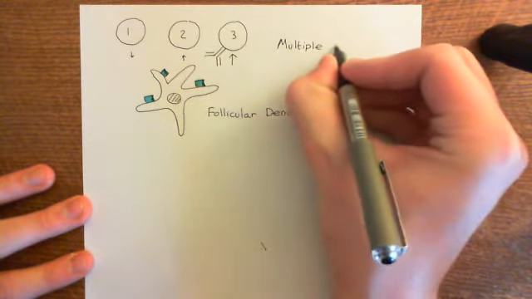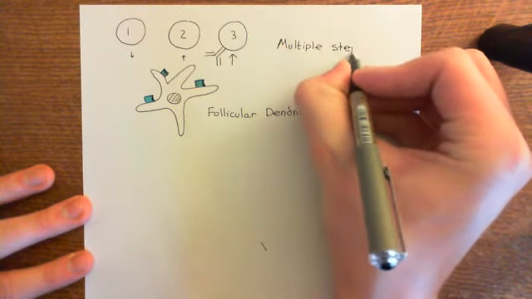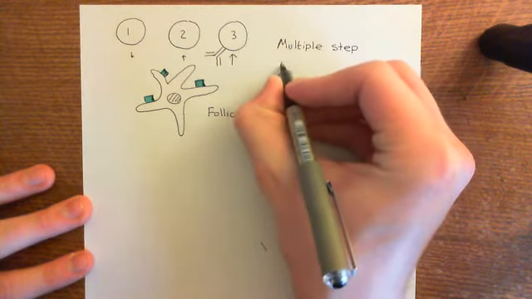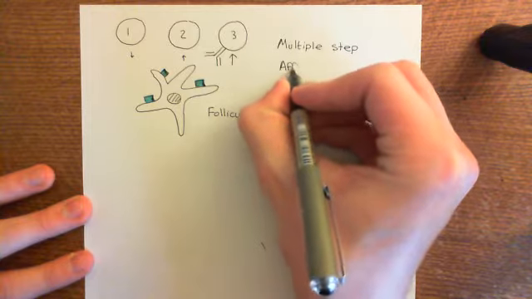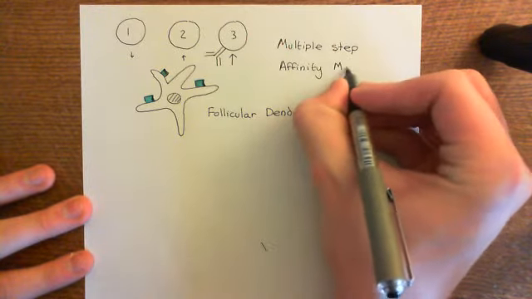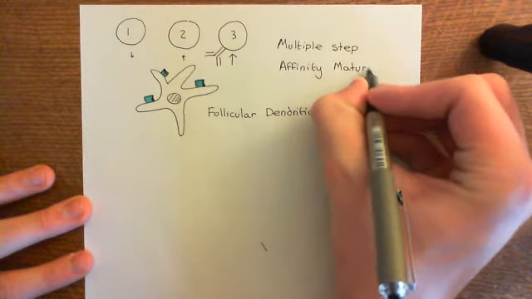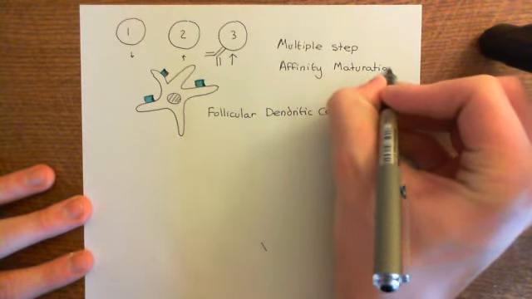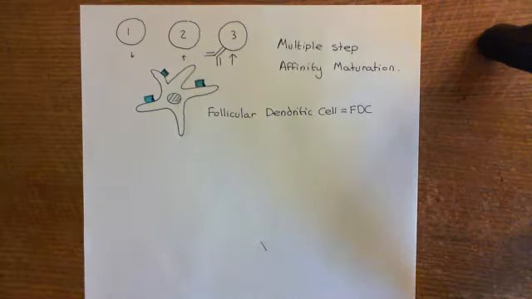And I think there is pretty strong consensus that multiple step affinity maturation does occur in lymph nodes. Now, it was controversial for a very long time. It still is controversial, but I think there's a growing consensus that this is what happens. Okay, so multiple step affinity maturation is what this is called.